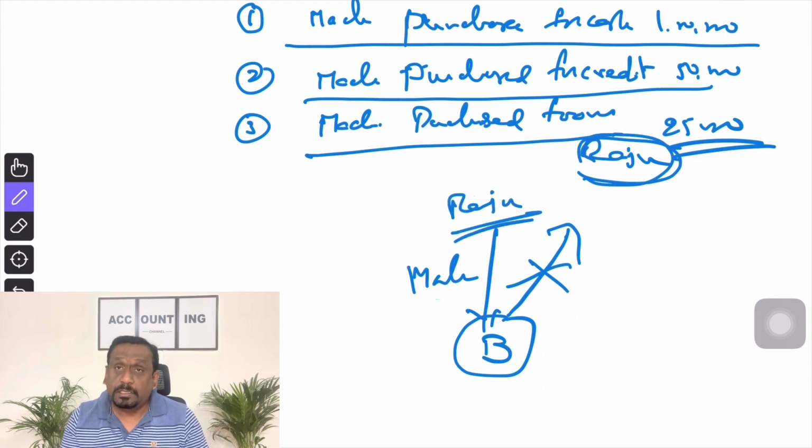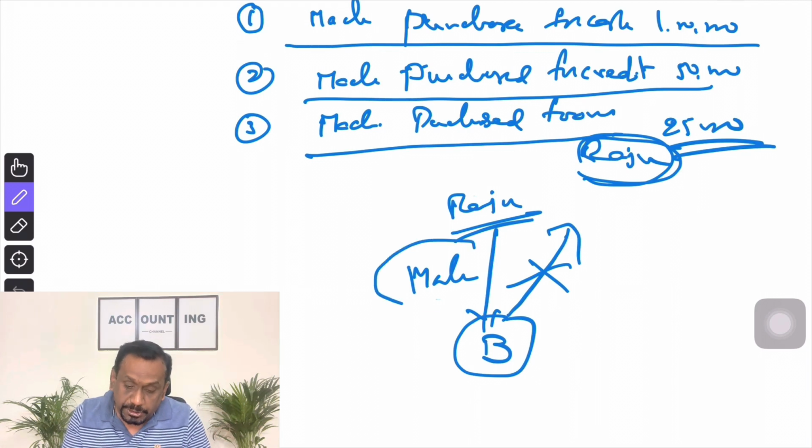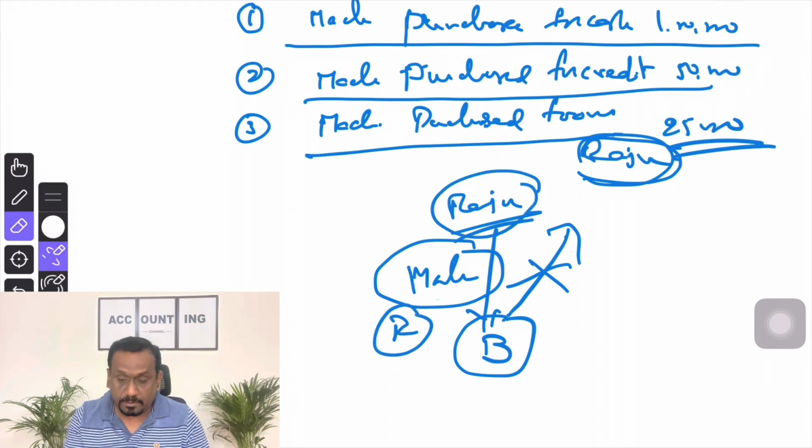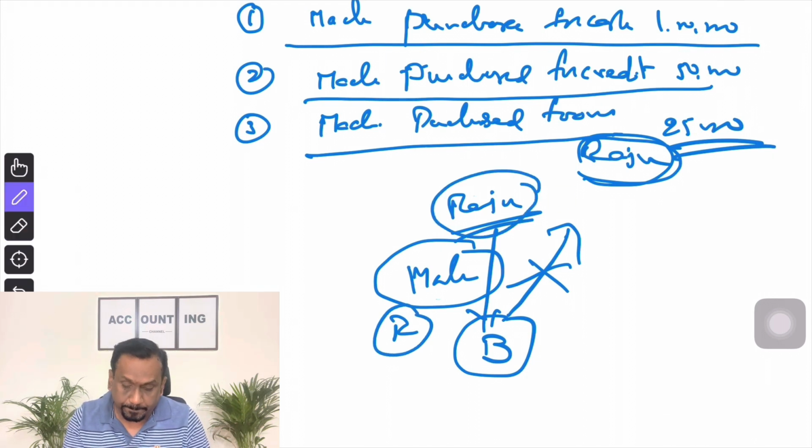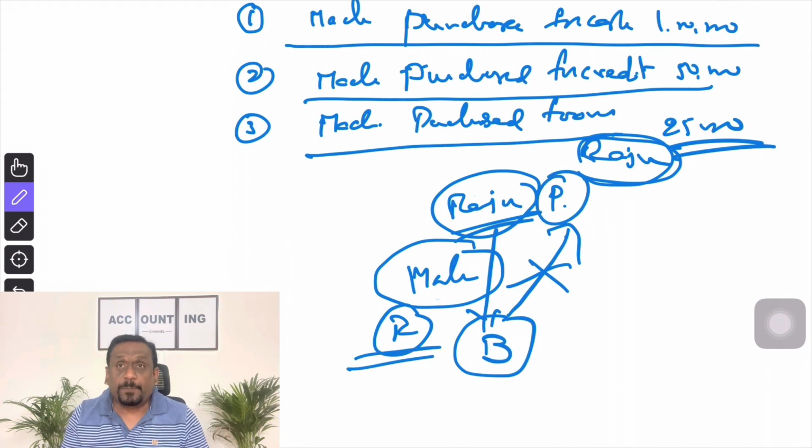Machinery comes under what type of account? Real account. Raju comes under what type of account? Personal account. Now, the real account principle: debit what comes in, credit what goes out. What is coming in here? Machinery. So you need to debit machinery account.